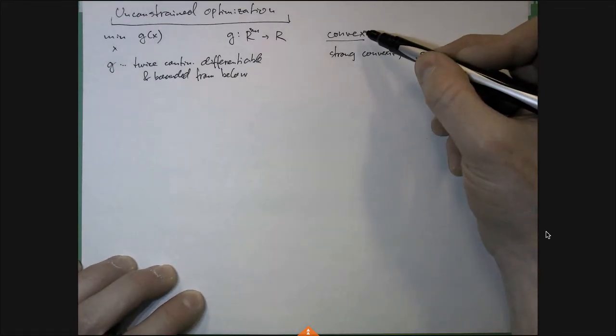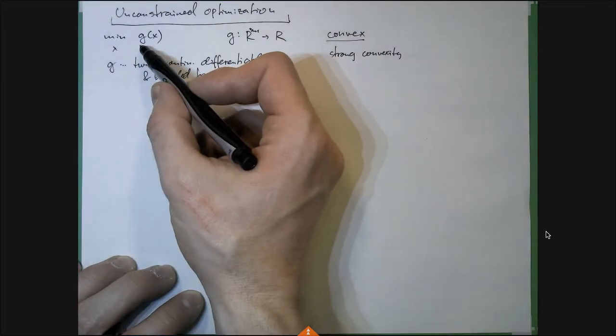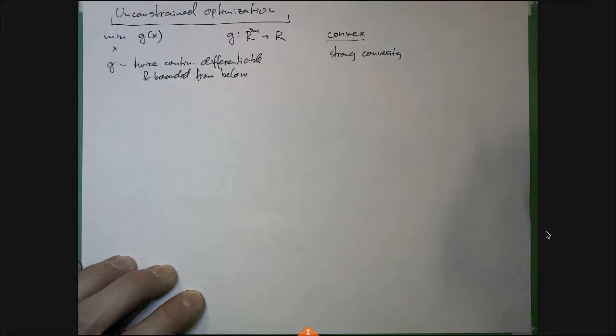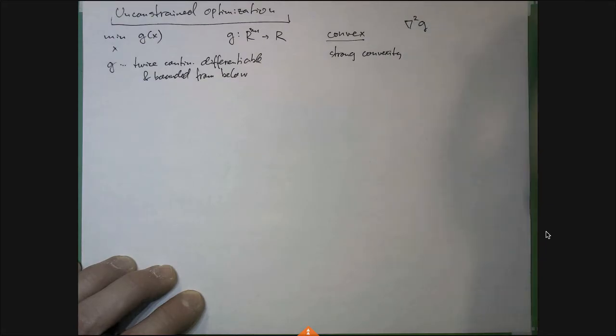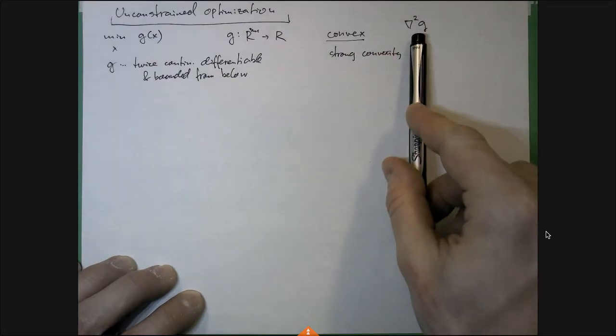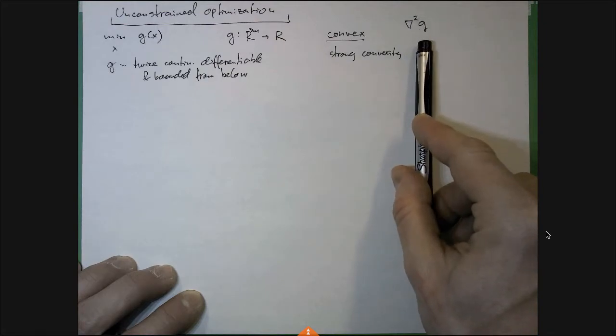So what is one way to tell if the function is convex? We talked a lot about Hessians, if you still remember, from the first part of the course. So the Hessian of g: the function is convex if and only if the Hessian is positive semi-definite everywhere.